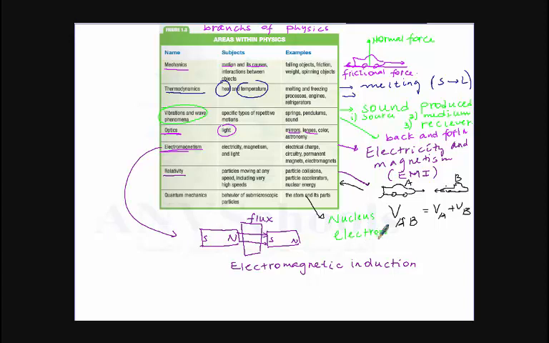And inside the nucleus we have protons and neutrons. So the properties of these protons, neutrons and electrons are studied by a branch of physics called quantum mechanics. So these are the common branches of physics and the areas where we use them.